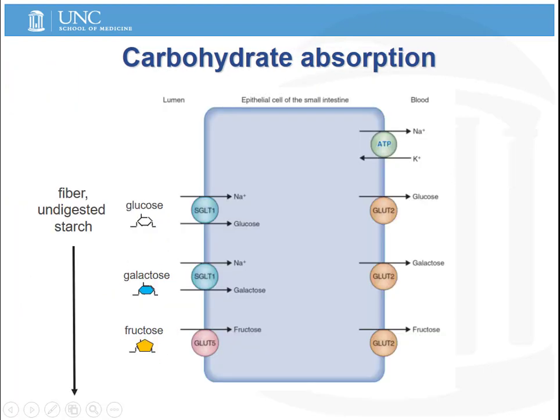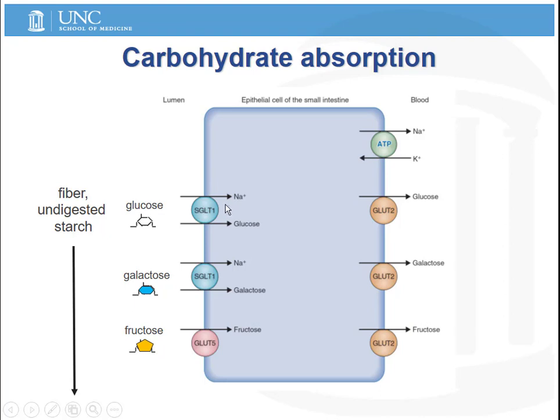Specific membrane transport pathways allow the uptake of the resulting monosaccharides across the luminal membrane of the enterocyte and also mediate their transfer across the basolateral membrane into the portal circulation. The primary routes of monosaccharide absorption occur through three main membrane carrier systems.